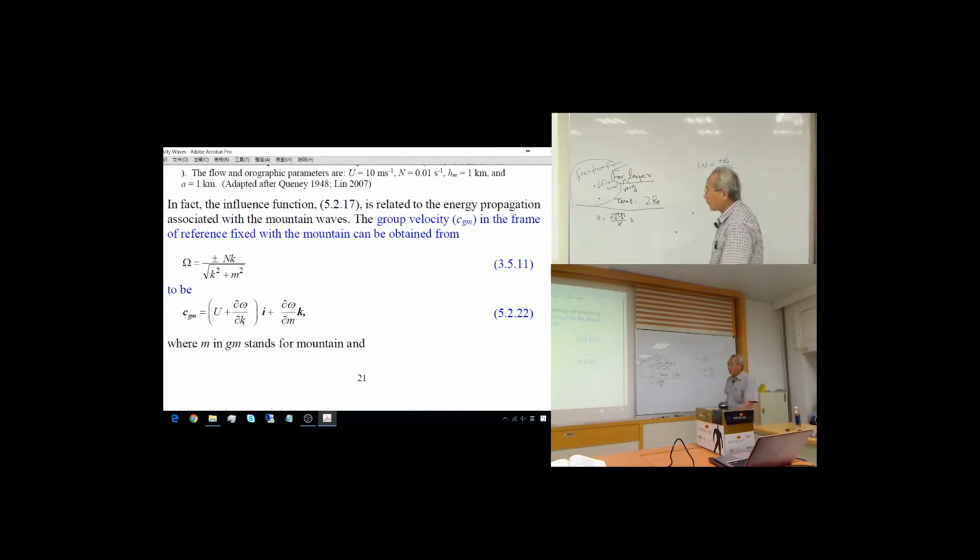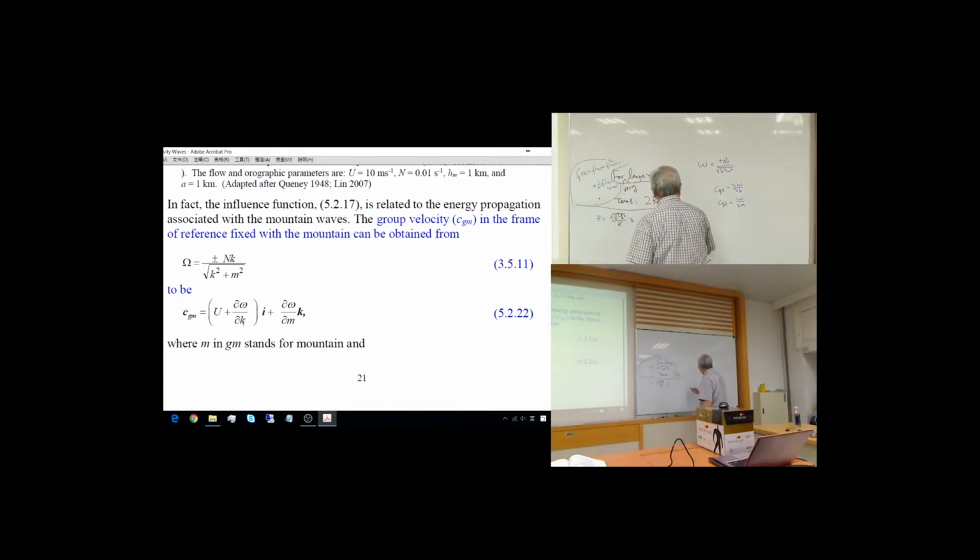And now with the mean flow coming in and fixed with the mountain, you just add U to this part. That means the horizontal group velocity is like this without the mountain, and with the mountain, the U coming in just advects the group velocity like this.